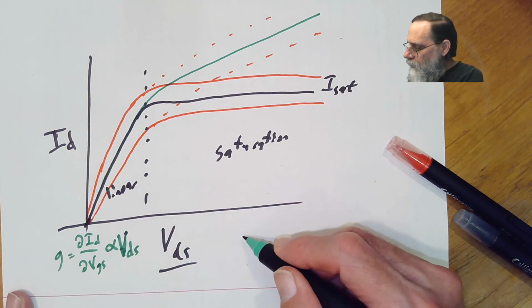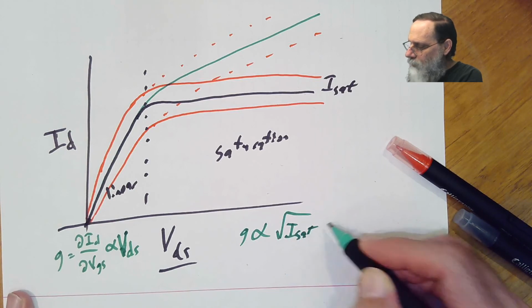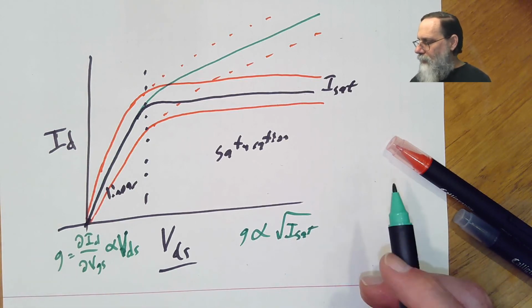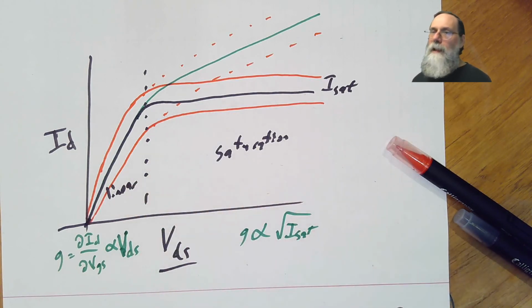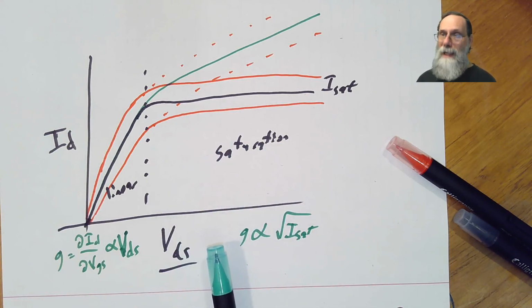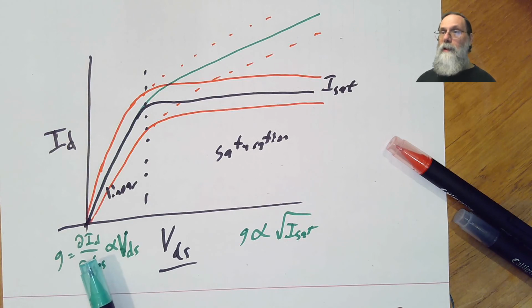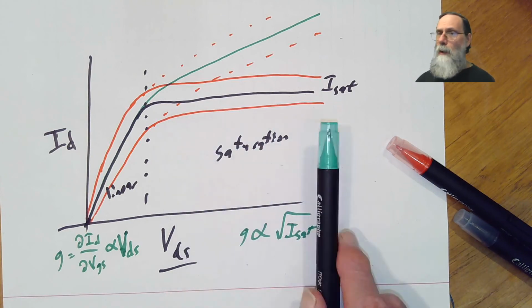In the saturation region, G is proportional to about the square root of that saturation current. So in this region, the transimpedance gain is roughly constant, and it doesn't matter so much what the exact bias is on the drain to source voltage, because we get essentially the same gain from this transistor, so we can put the same interpretation on the output current in terms of what it means for the input pressure on the microphone pretty much anywhere in this region.